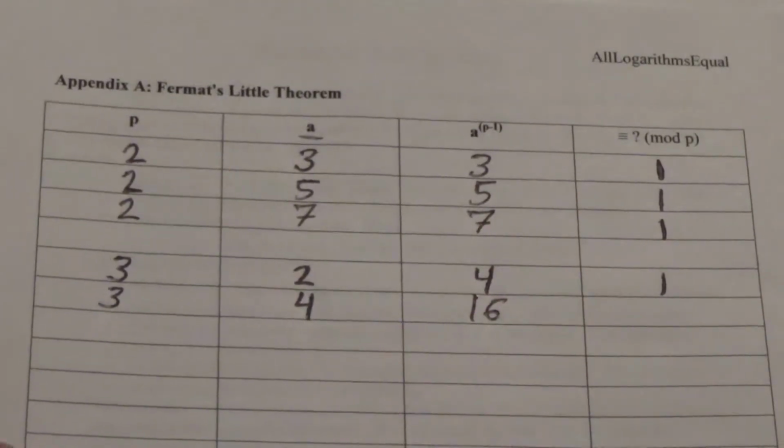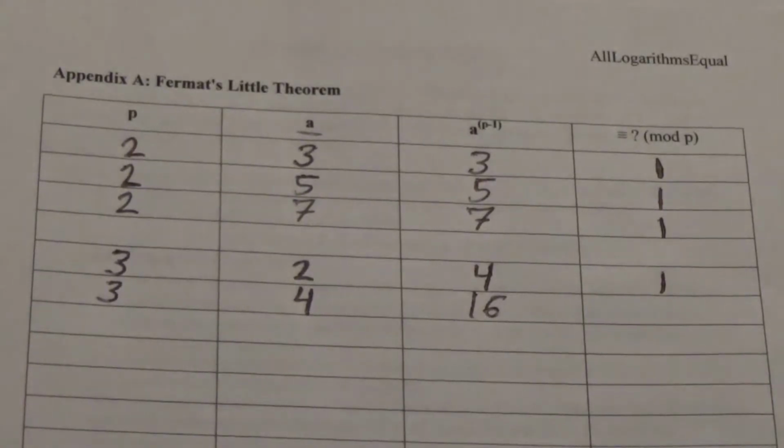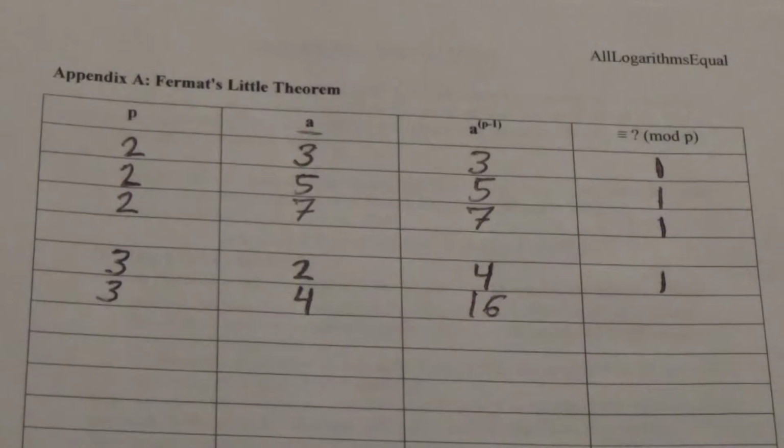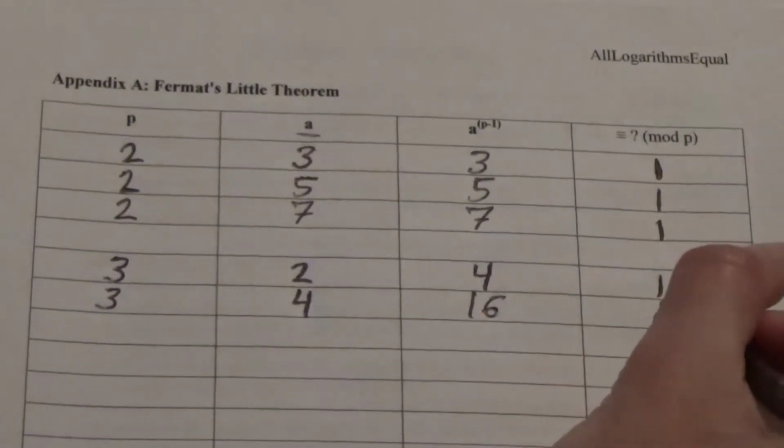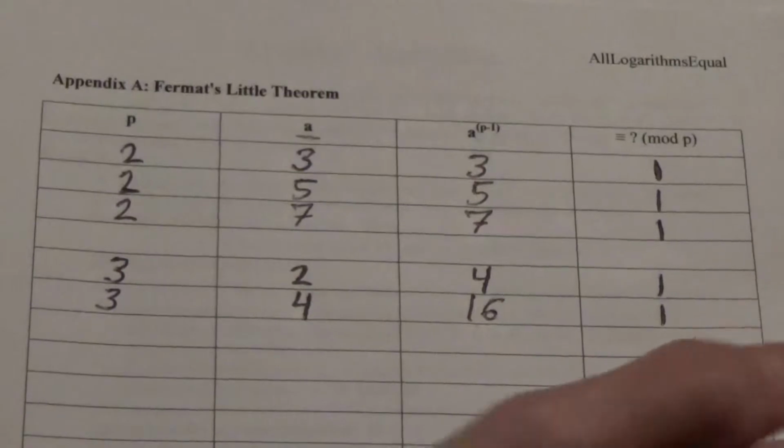And this is interesting because 16 modulo 3, we can work with it in our minds, and we know that 15 is the greatest multiple of 3 that's less than 16. And of course, 16 is just 1 greater than that. So the remainder is 1.